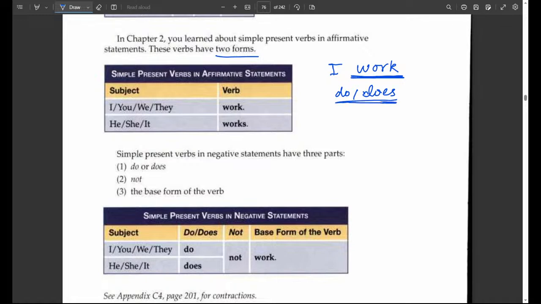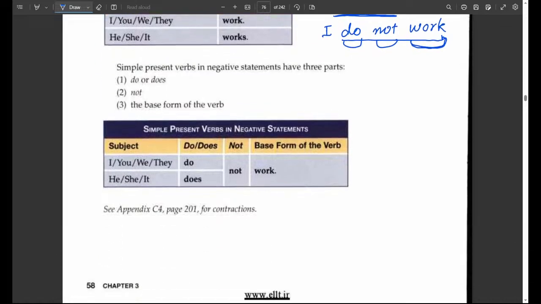So I say I do not work. That is why they come in three parts. We use do, we use not, and we use the base form of the verb.